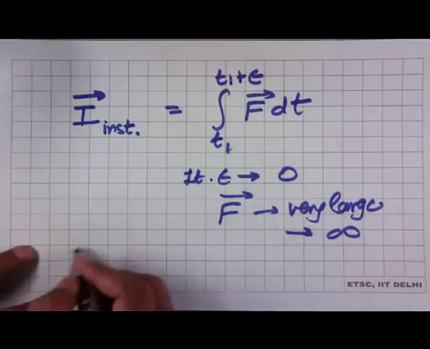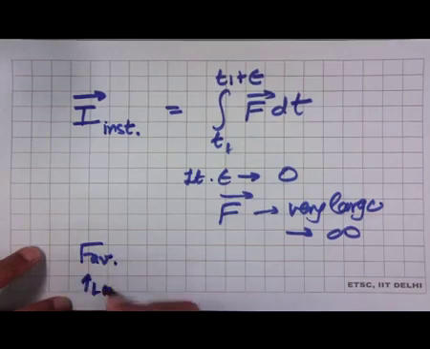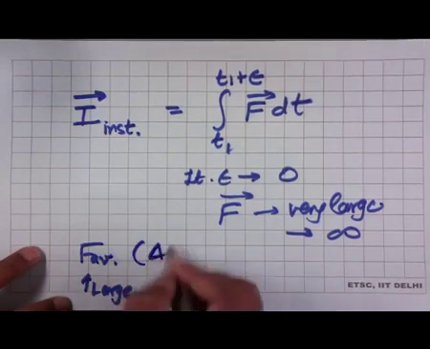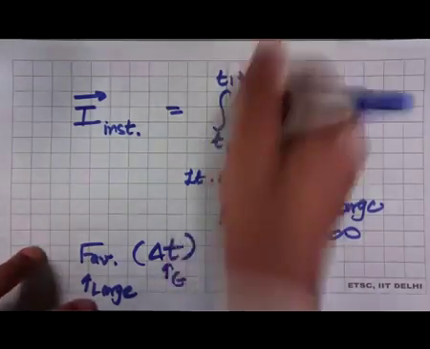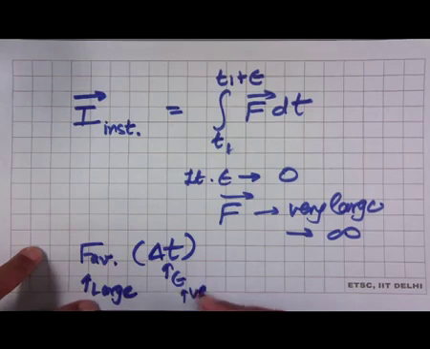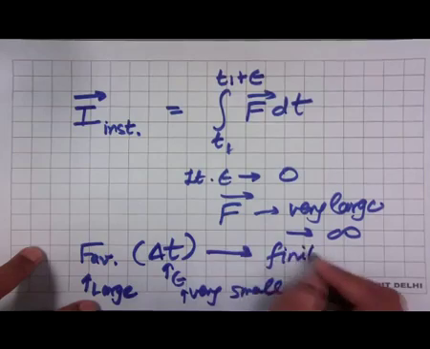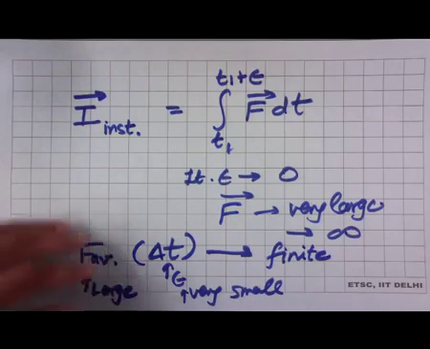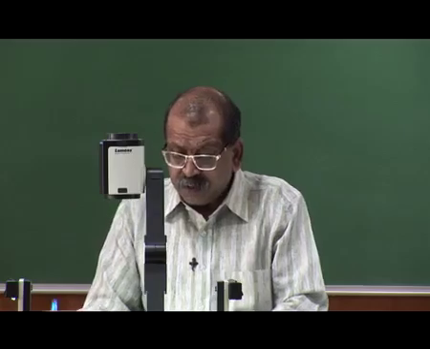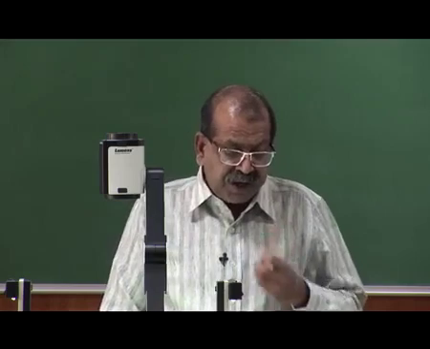If the average value of this force is f average, which is large, and we are multiplying it by the interval t1 to t1 plus epsilon, which is basically epsilon, this delta t is nothing but epsilon, which is very small. So, this product is something like infinity being multiplied by 0, this will be a finite product, and this is what we call an impulsive force, and the impulse due to this force is what we call an instantaneous impulse.